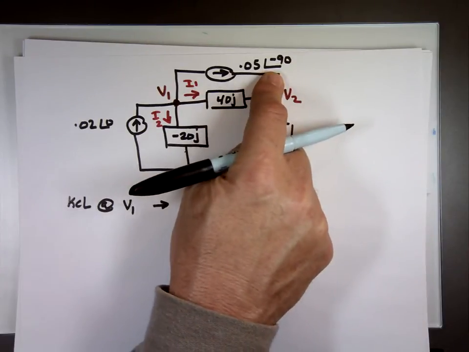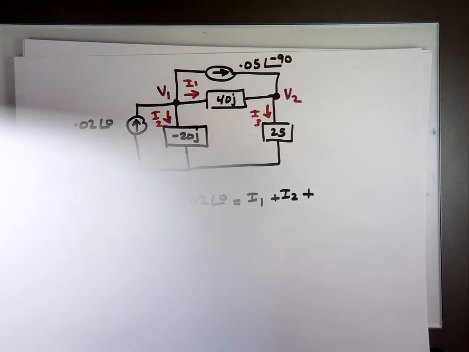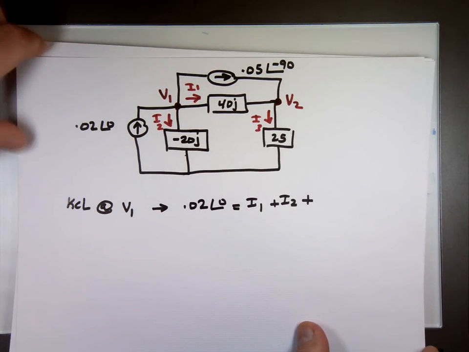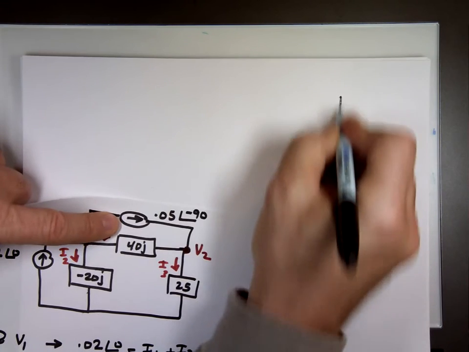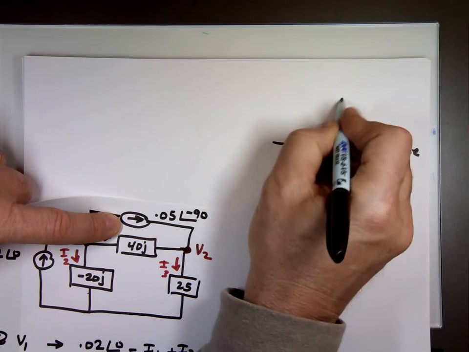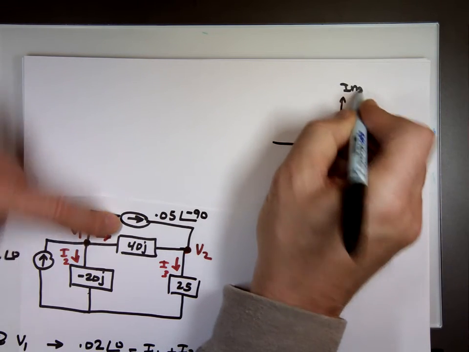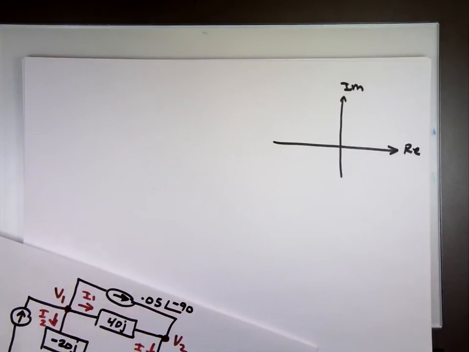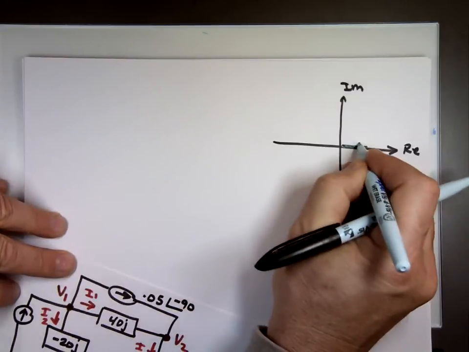If you really want to think about your complex numbers, this is the real, this is the imaginary. The first one, 0.02 angle 0, that means it's a vector in this direction. So it's all real.